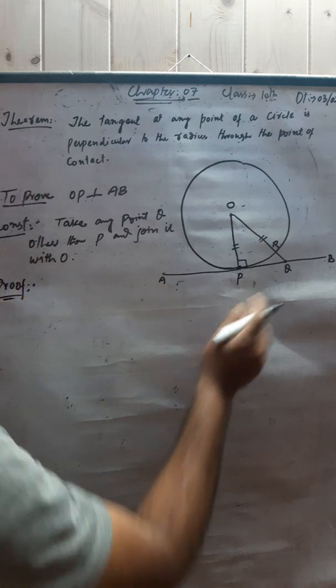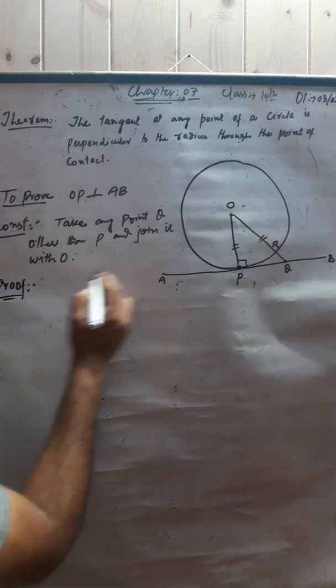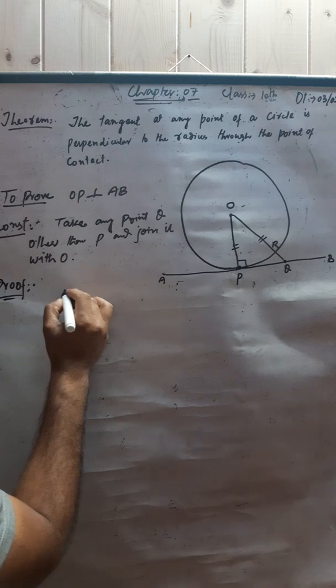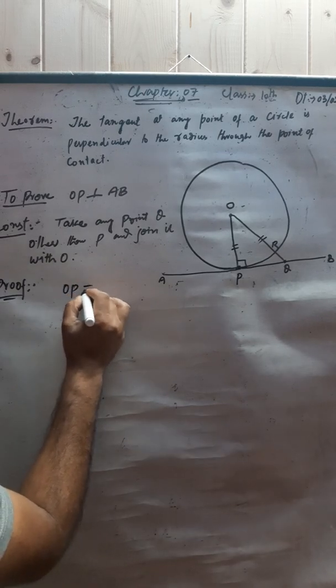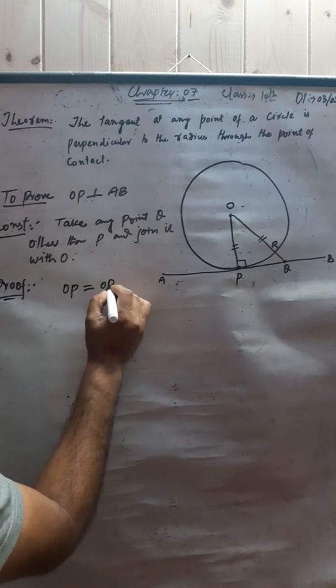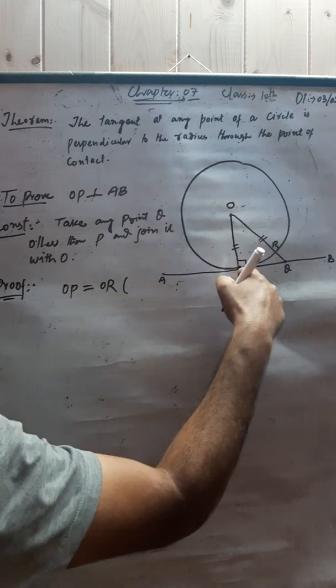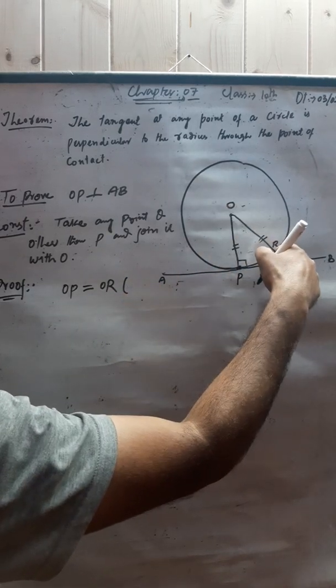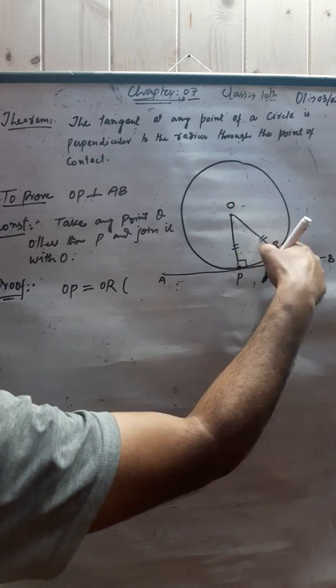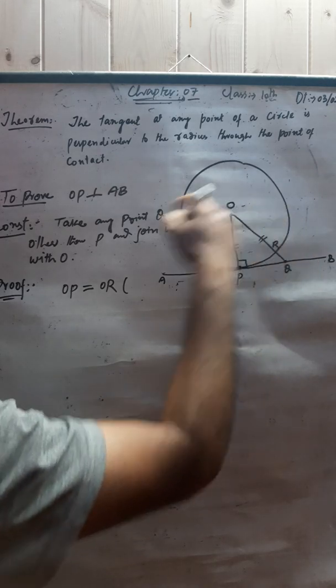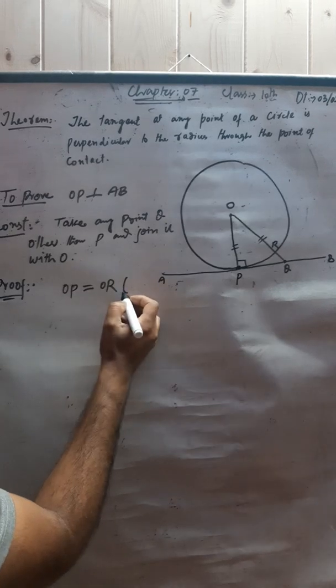In proof, first of all we will say OP is equal to OR. Why are these two equal? Because they are the radii of the same circle. OP is the radius, OR is the radius. So OP and OR are radii of the same circle. That is why OP is equal to OR.